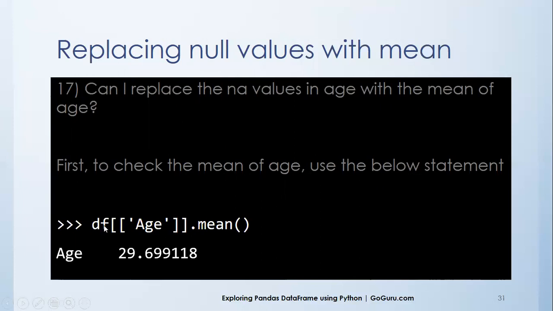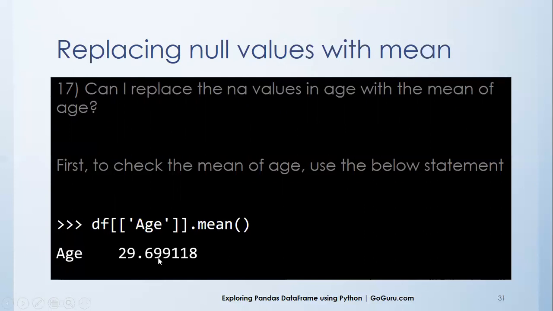What I have decided right now to do is take all the ages that are not populated, and refill them with the mean of the age. So I first find the mean of age, which says the average age is 29.69.